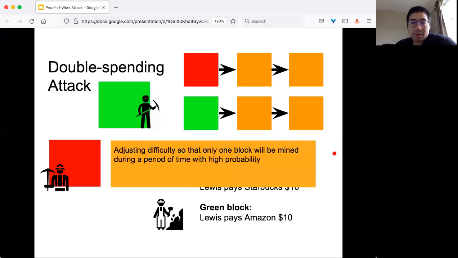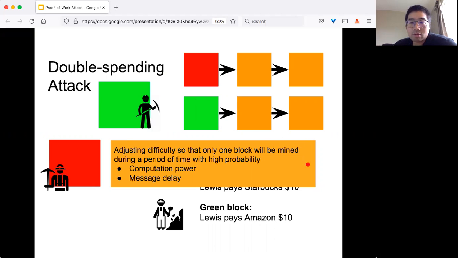One idea behind proof of work, and why you need to adjust the difficulty, is that during a period of time you only want one block to be found, to avoid this kind of attack. Again, it's probabilistic, so you can only achieve this with high probability.